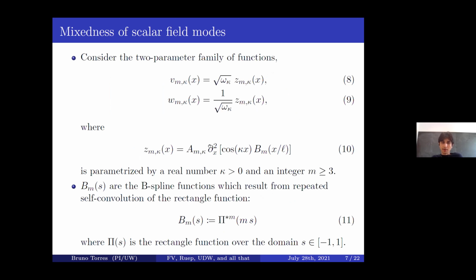Now, if you remember here, we're not just taking the b-spline function, we're taking products of cosines and taking derivatives. The cosines just to select a privileged wave number we label by the kappa, and the derivatives were just placed for technical reasons related to making the expressions converge in the IR, right?